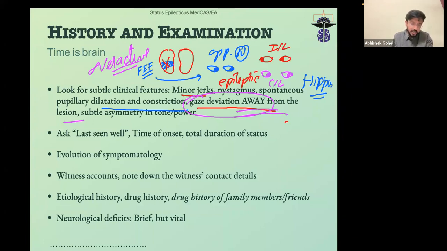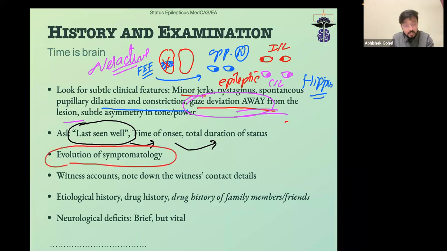So the prudent question at this point of time is to ask last seen normal, just like in stroke. That will give you an approximate time of onset and an approximate total duration of status. If you have a witness, that is well and good. You can know the evolution of the semiology of the seizure, so that you can get an anatomical correlate of it in casualty.